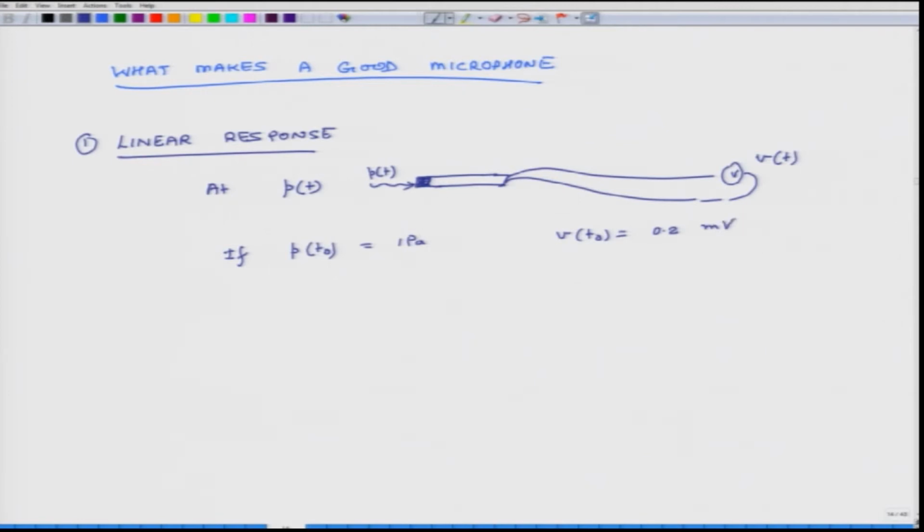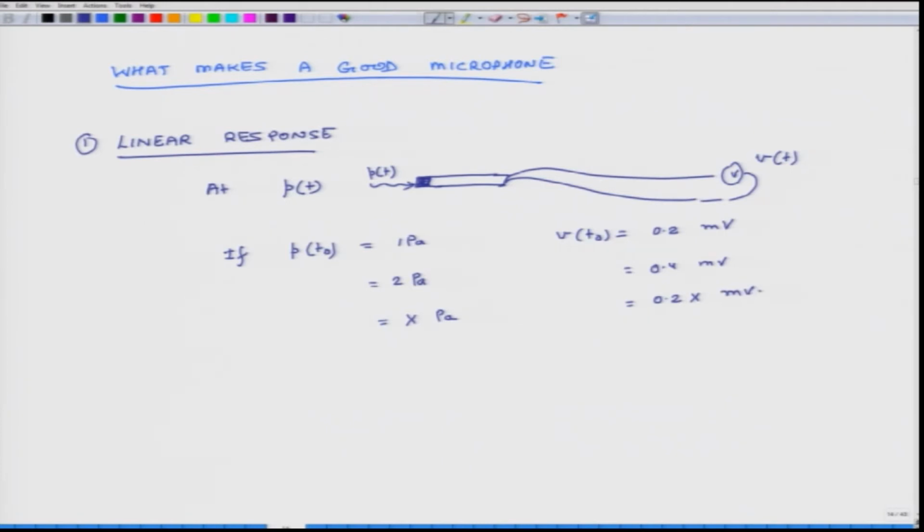Then if pressure is doubled, so suppose this becomes 2 Pascals, this should be just twice of that, and if it is x Pascals, then this should be 0.2 times x millivolts.